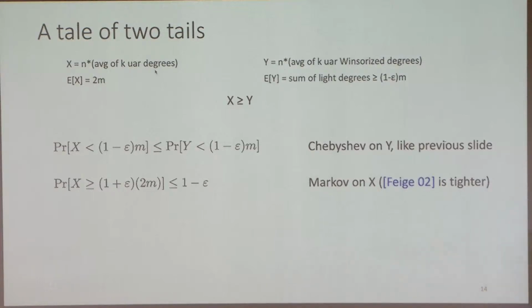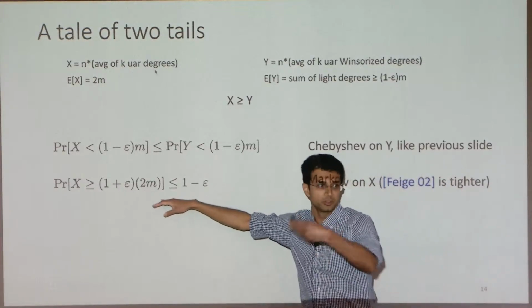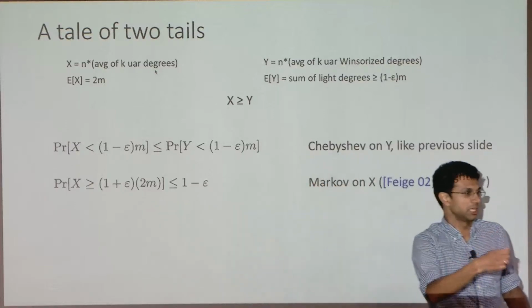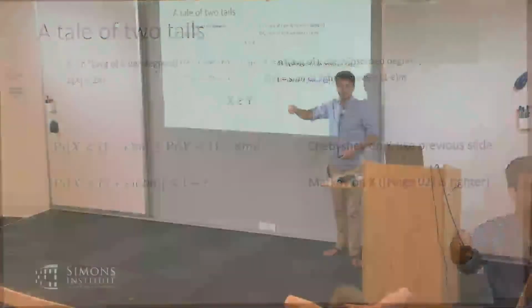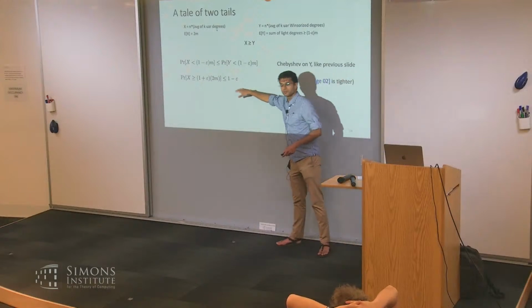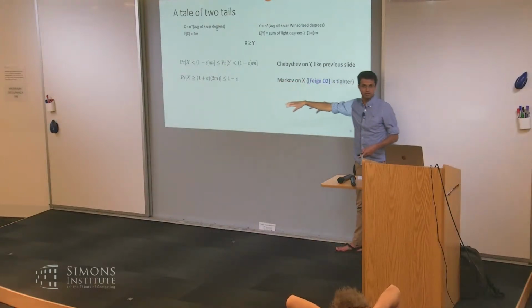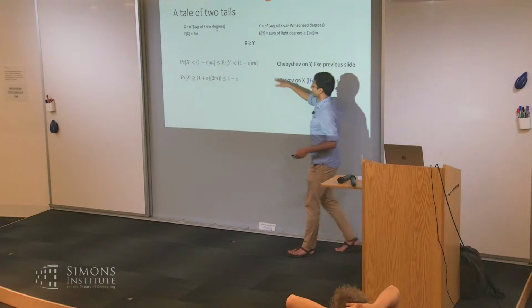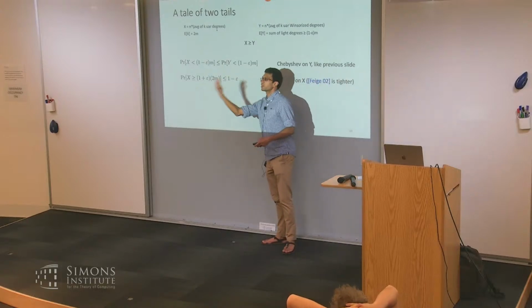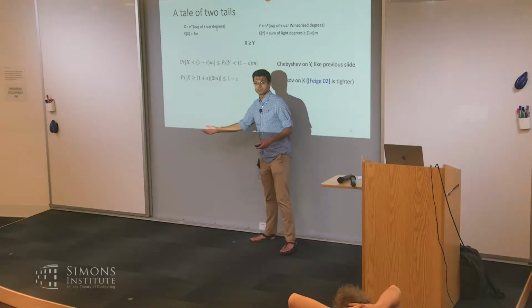In general, you can, but then you do have this problem that you might overestimate. If you're really unlucky and you hit some high degree vertices, then you might overestimate. So you can do Markov. Feige gives a tighter bound than Markov on that. But essentially, it's really the lower tail that's an issue, that you underestimate. Because overestimating, again, is basically Markov.